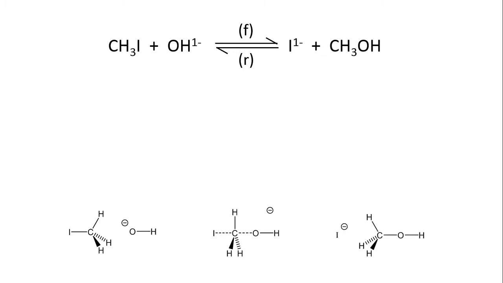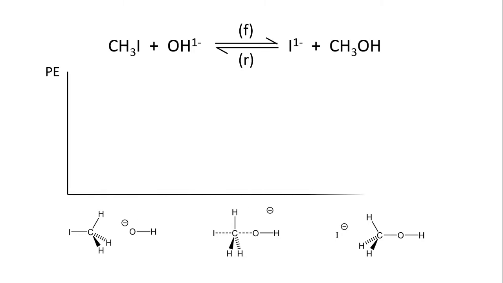On the right are the products, with the new C-O bond intact. What we want to do here is to plot energy, in this case potential energy, on the y-axis versus what is sometimes called the reaction coordinate. This rather generic term simply follows this one set of molecules shown at the bottom as the C-I bond breaks and the C-O bond forms.